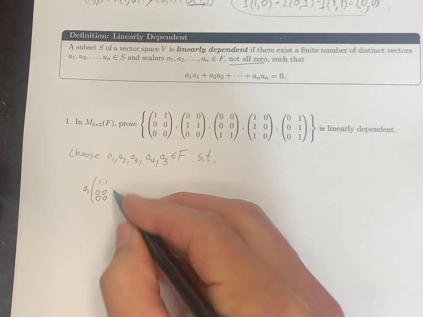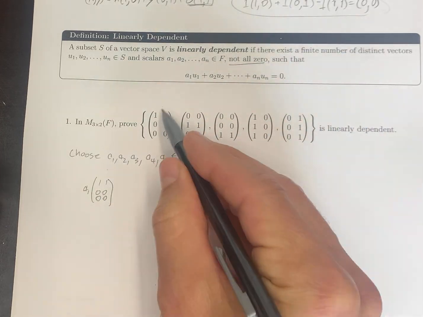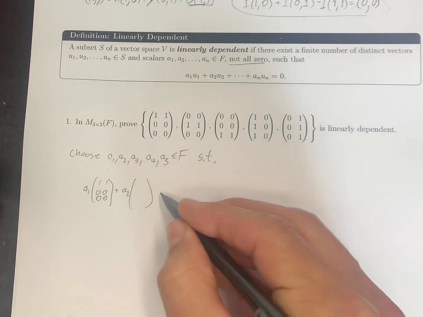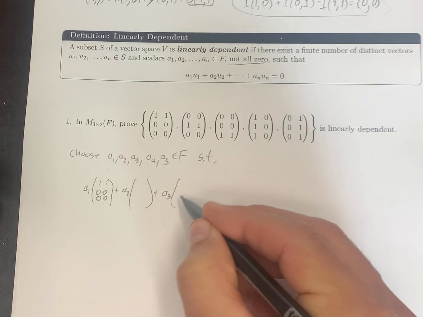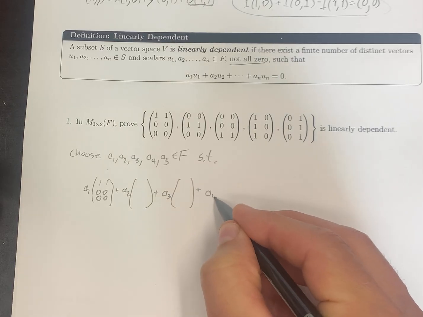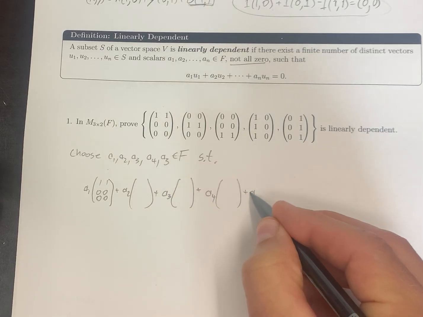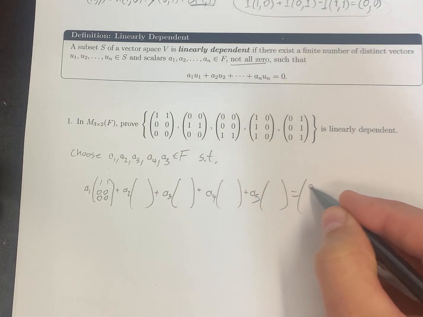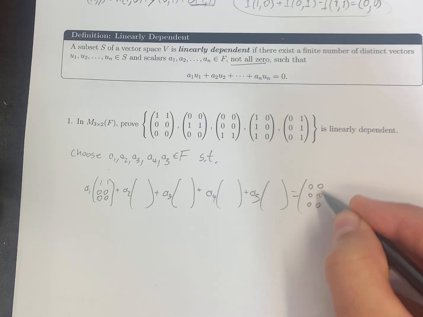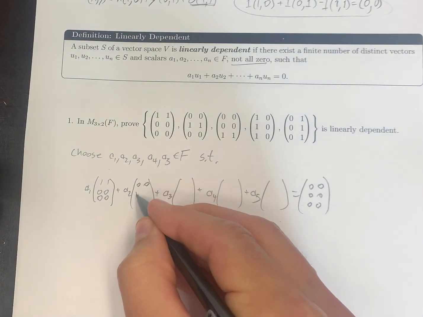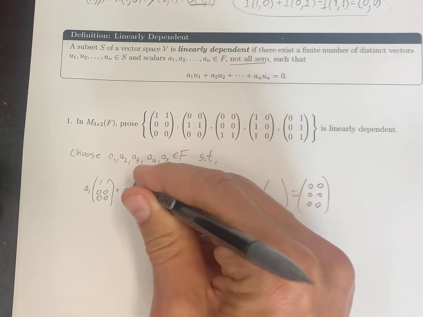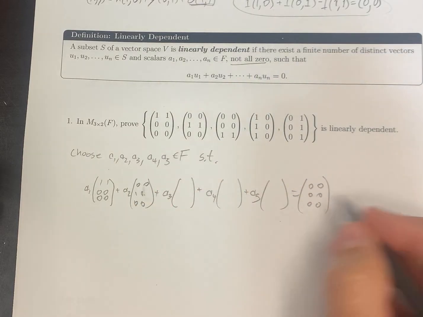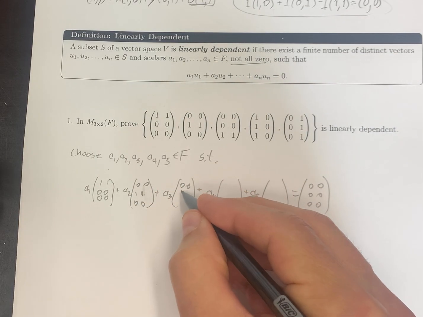In fact, maybe you would want to name these M1 to M5 so you didn't have to write all this stuff out, but I'll just go ahead and write it all out for starters. We're going to choose a1 to a5 so that this linear combination adds to the 0 matrix.